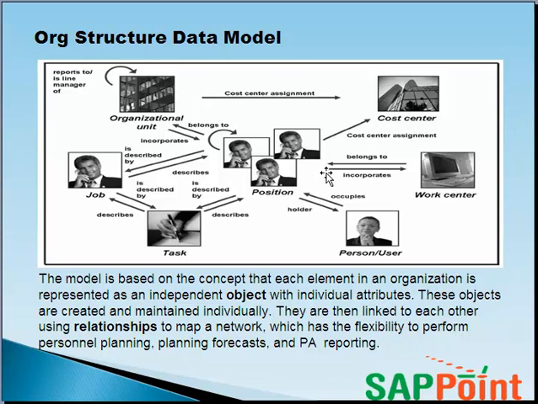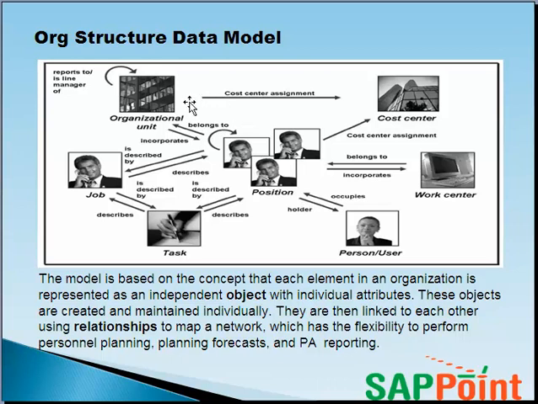So in this example that you see here in the picture, this picture shows a part of a data model in organizational management. Now this model is based on the concept that each element in an organization is represented as an independent object with individual attributes.